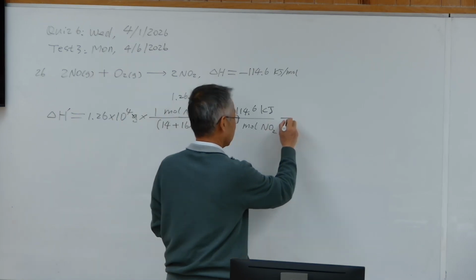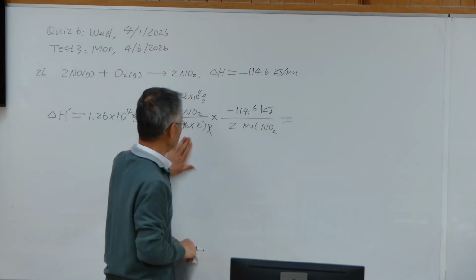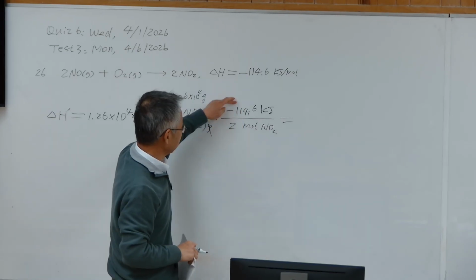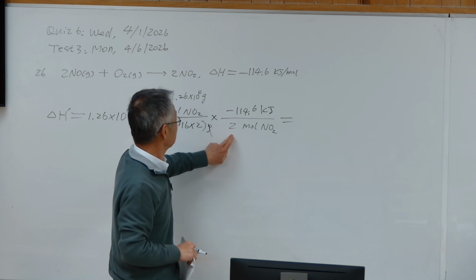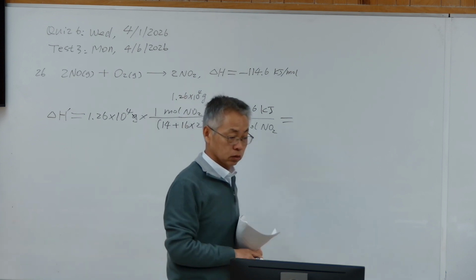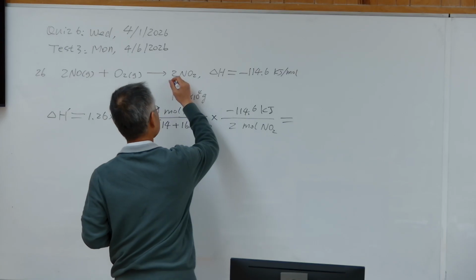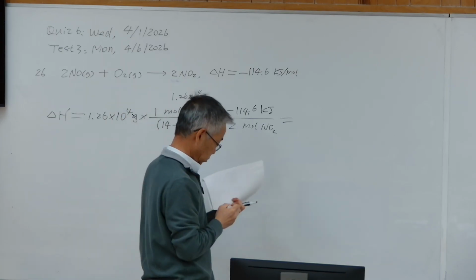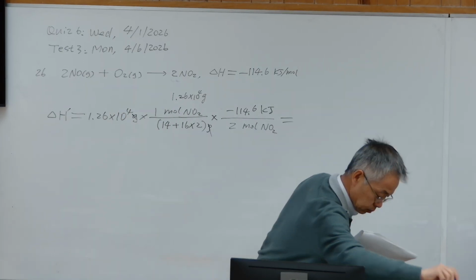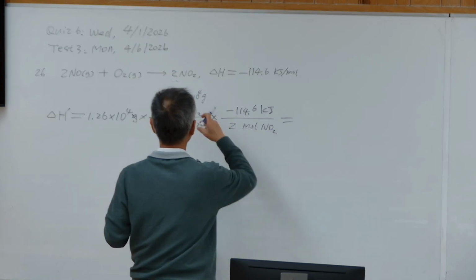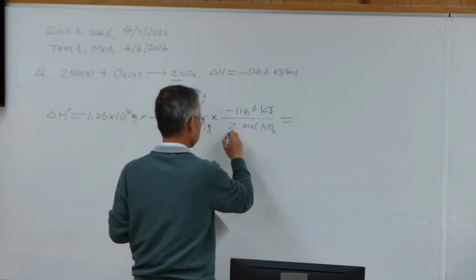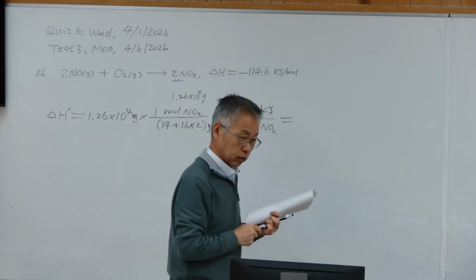Then use a calculator. Easy. This is mass divided by molar mass, times this divided by this 2. Why divided by 2? Do you understand? Because the balanced equation tells you every 2 moles of NO2 produces this amount of heat.